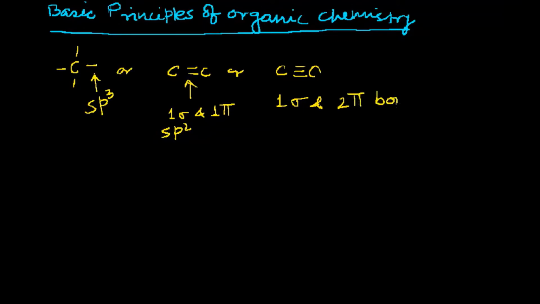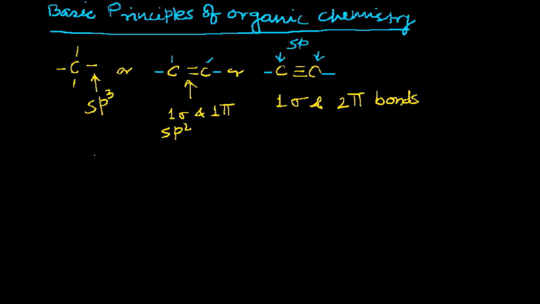Therefore we can easily say that in this case the carbon atom, this carbon and this carbon, is sp hybridized. I have just left these bonds, so similarly we can also formulate 2 more bonds there like this. So the tetravalence is completed.